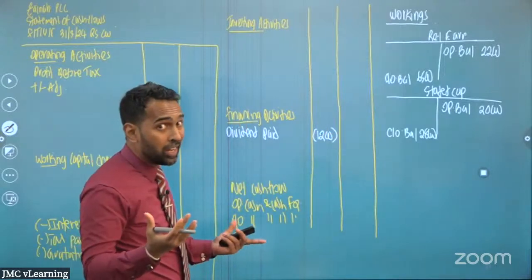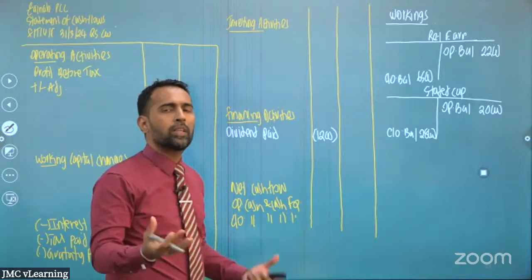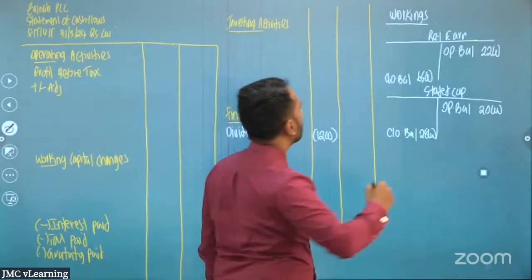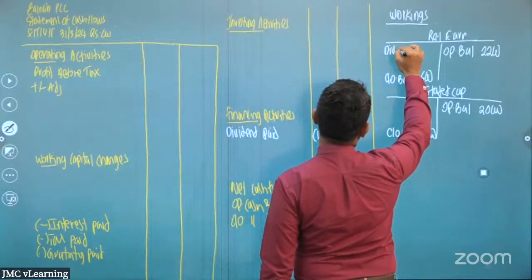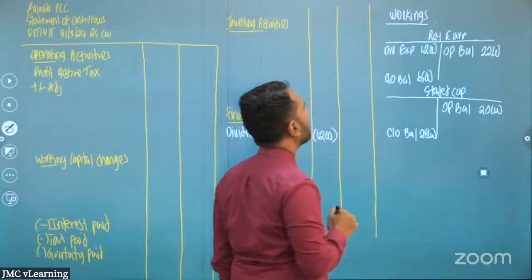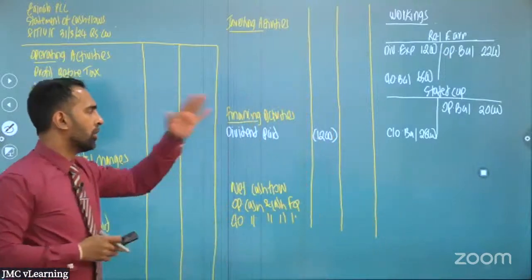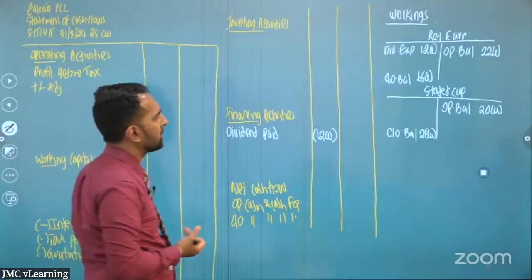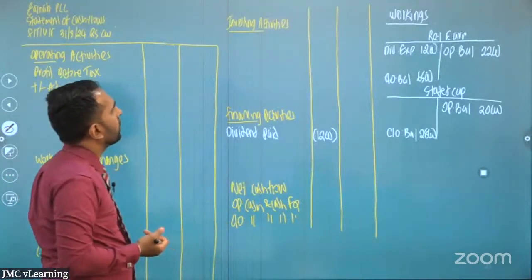And debited to dividend expense. Dividend expense ultimately gets deducted from the retained earnings, right? So we'll adjust the dividend expense here, 1,200. Debited to dividend expense, credited to cash. Simple as that, right?